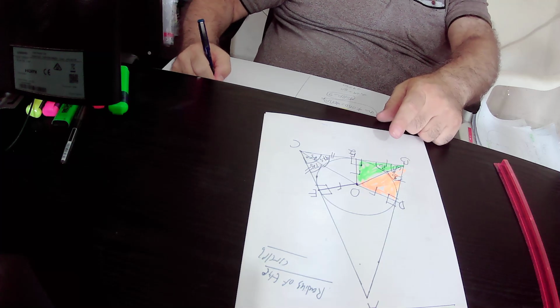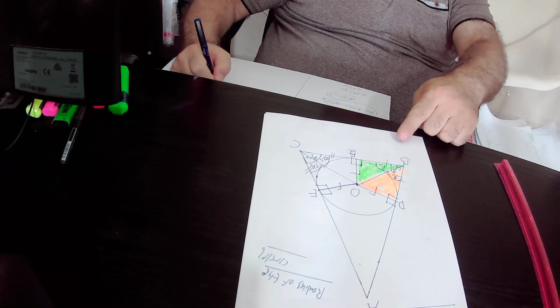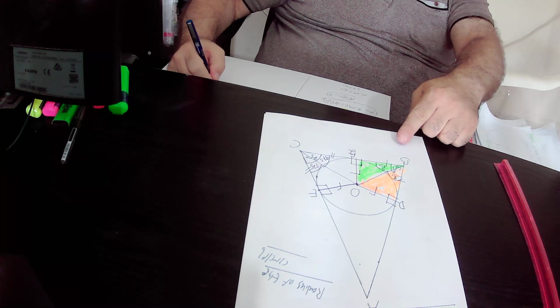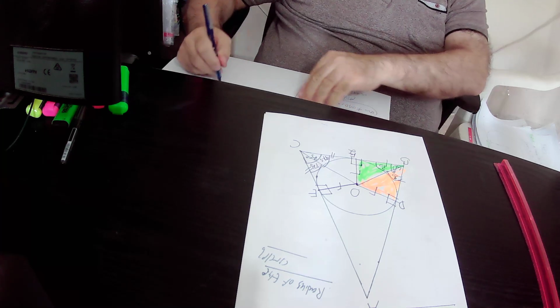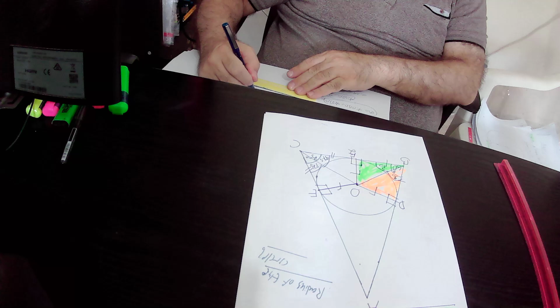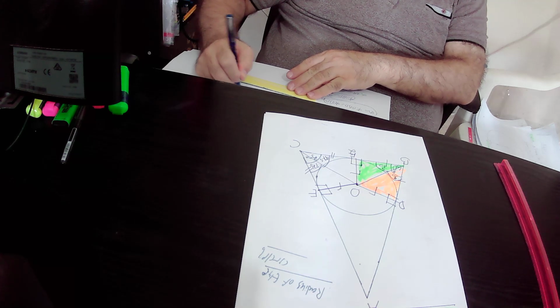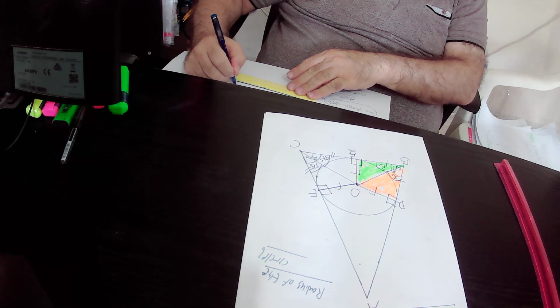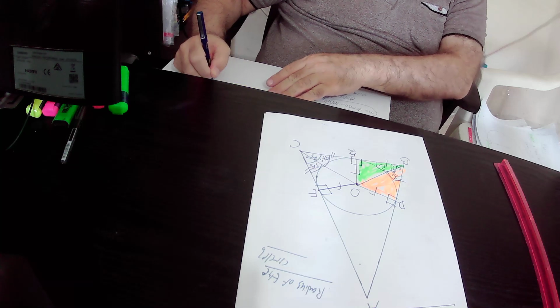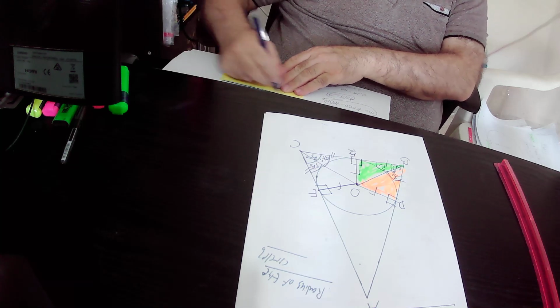OF equals R, and BF is the missing line segment. In the triangle, tangent 30 degrees equals R over BF.